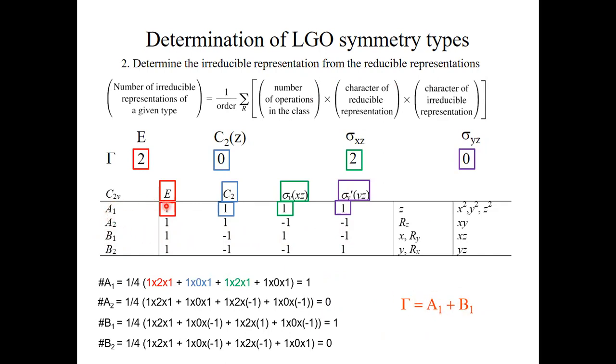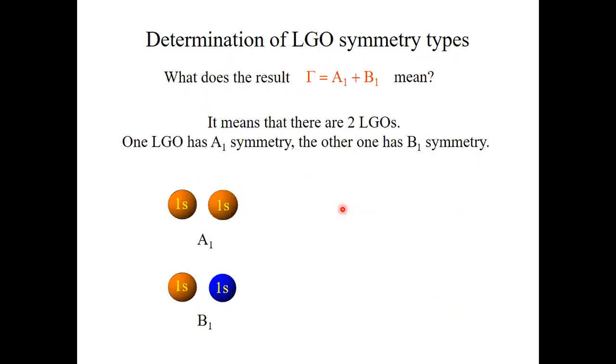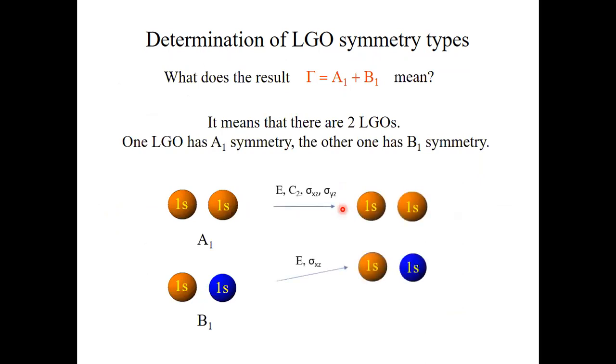See, for A1, the characters in the irreducible representation are all +1. So this is just an illustration of the outcome of the group theoretical formalism. Okay? Now, for the construction of the molecular orbital diagrams, you basically do not need to think about what I just told you. All that you need to know is what the symmetry types of your ligand group orbitals are.